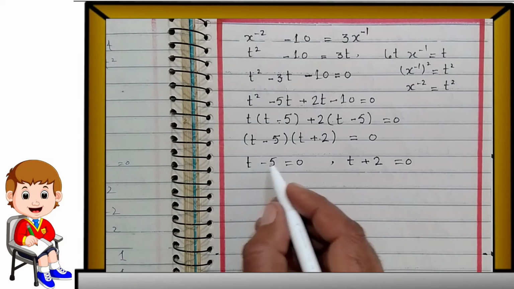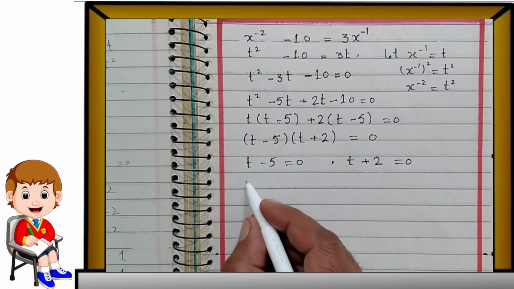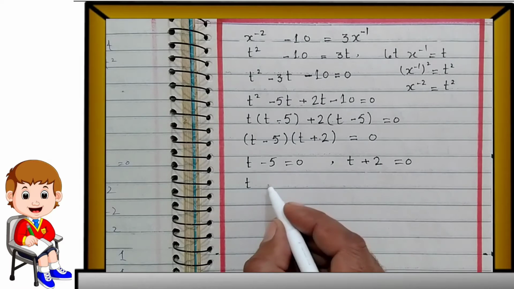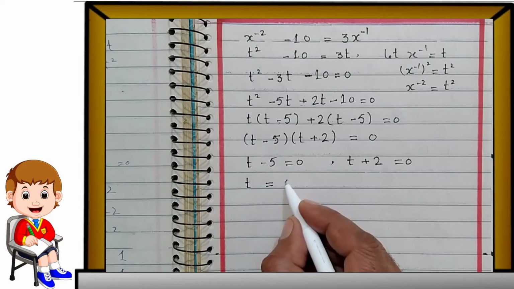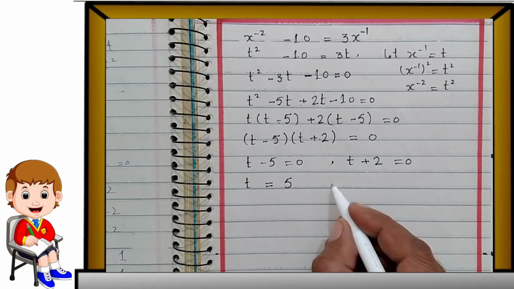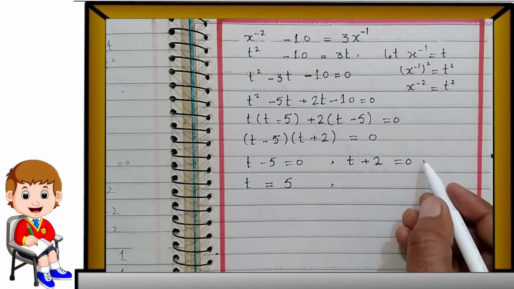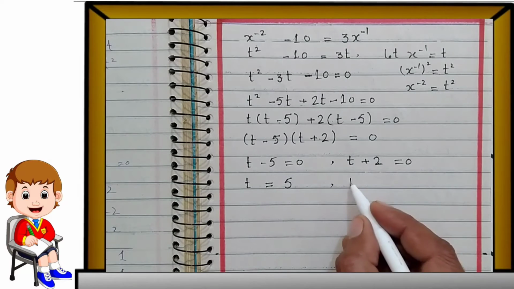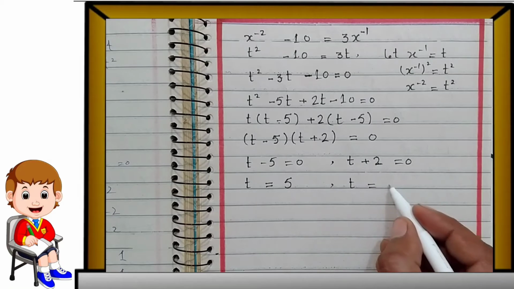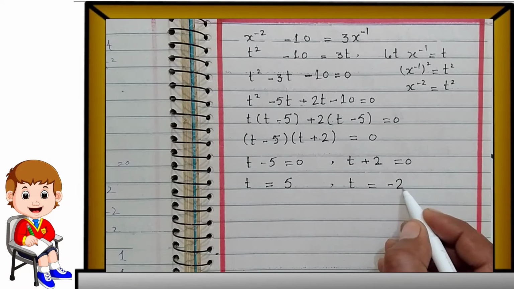Now we find the values of t: minus 5 on the other side is plus 5, so t is equal to 5, and t plus 2 is equal to 0, 2 on the other side, here t is equal to minus 2.